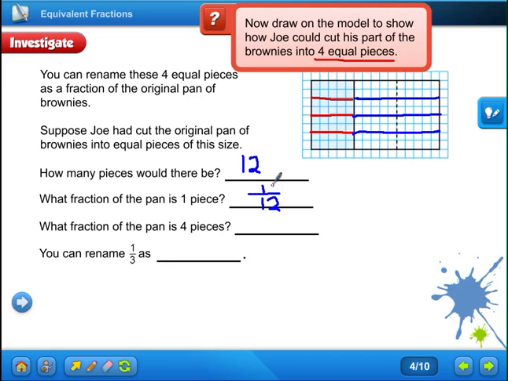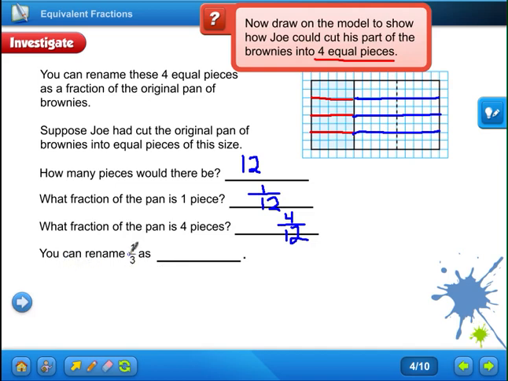One is how many pieces you have. 12 is the total amount in the whole thing, how many total pieces you have. What fraction of the pan is 4 pieces? 1, 2, 3, 4 pieces. So that's how many pieces you have, and how many total pieces are in this whole thing. How many total pieces are there? There is 12.